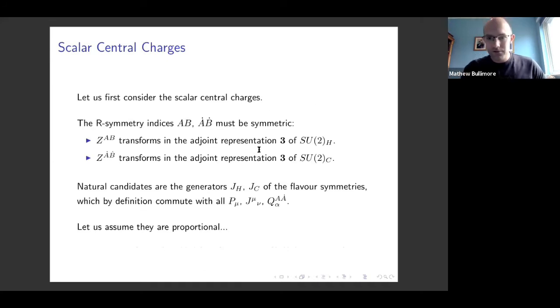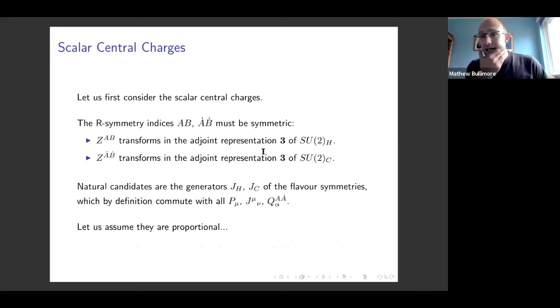And so 2 times 2 minus 1 is 3. So this is the adjoint representation of SU2 Higgs, or the adjoint representation of SU2 Coulomb. So they're scalars, and they transform in the adjoint representation of one or other of the R symmetries.